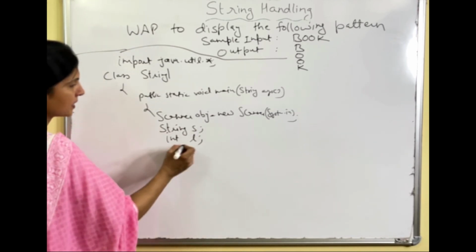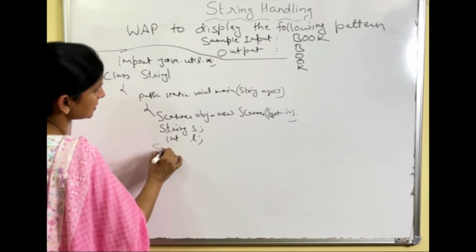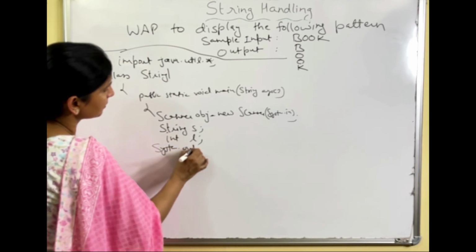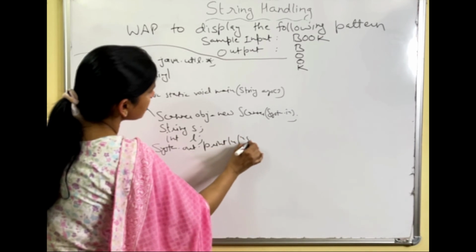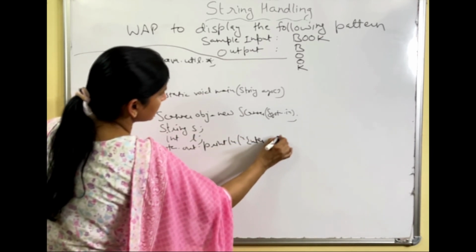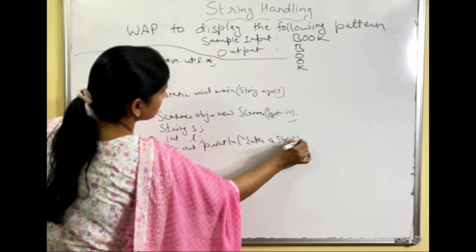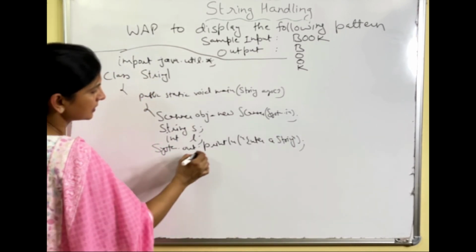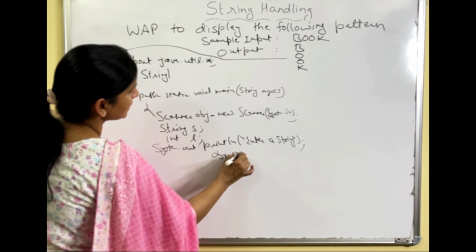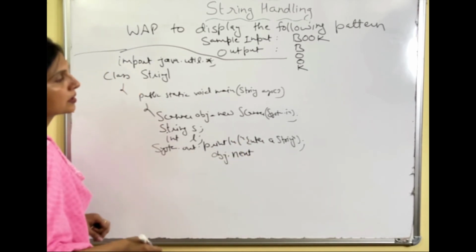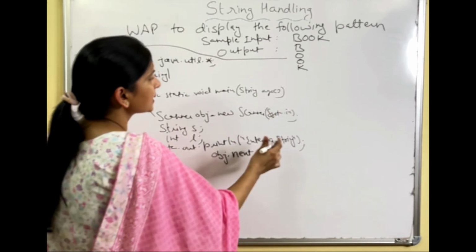So let's see. First, System.out.println, enter a string, and then we will use obj.next. So enter a string or a word, you can say.